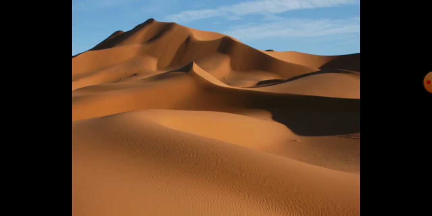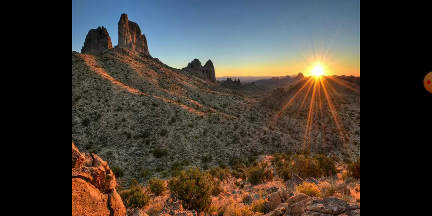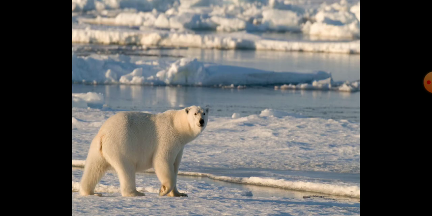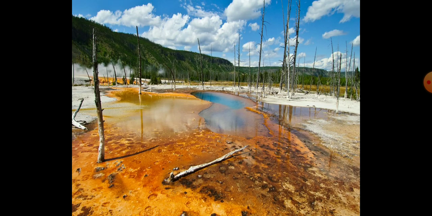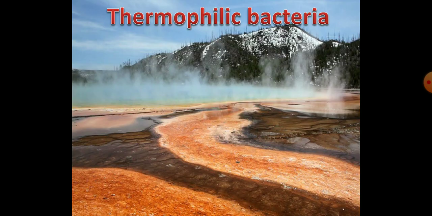They are also common in desert and polar regions. They are also found in very hot climates. They can be found in hot springs and in the regions of volcanic eruptions too.